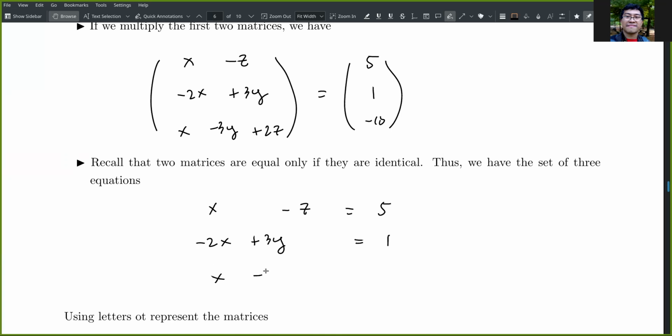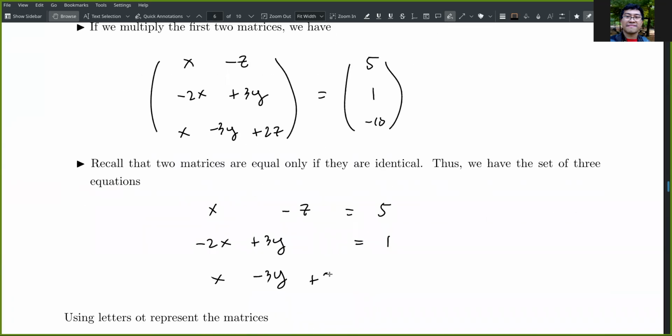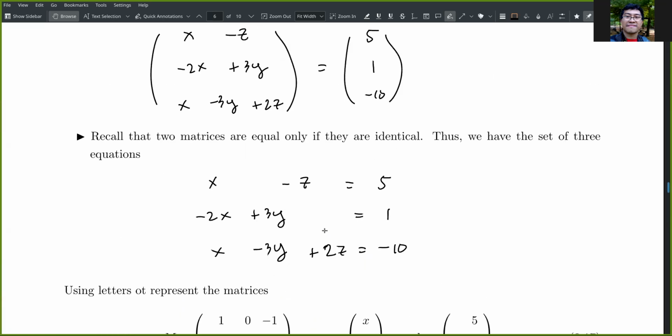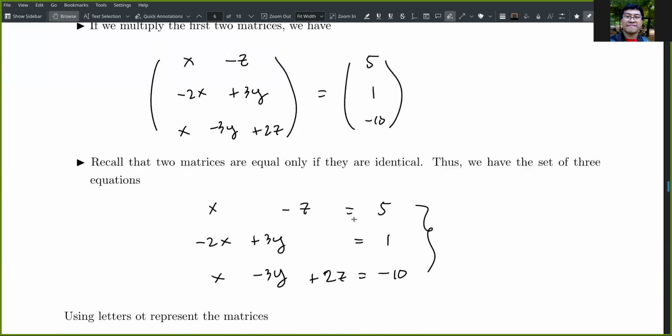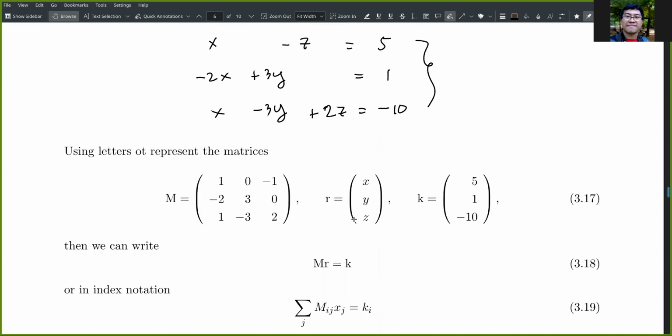And x minus 3y plus 2z equals negative 10. Okay, this is a set of equations where there are three variables.